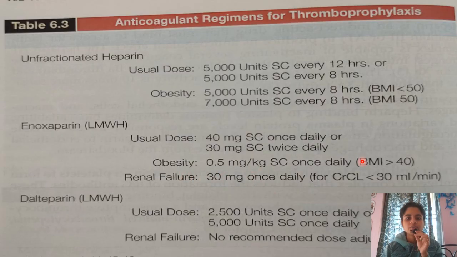In obesity you need to give a higher dose, obviously, if the BMI is more. And in renal failure, you have to give a low dose. Okay, you have to see the creatinine levels and the urea levels, then only you need to give LMWH. Dalteparin, the usual dose is around 2,500 units SC once daily or 5,000 international units. In renal failure, there is no recommended dose.